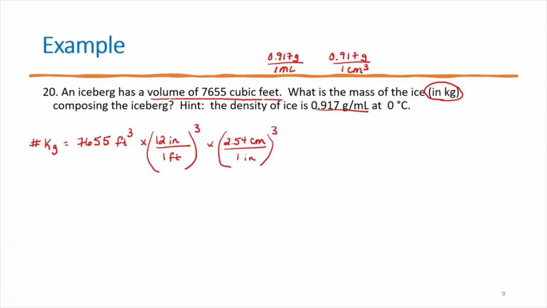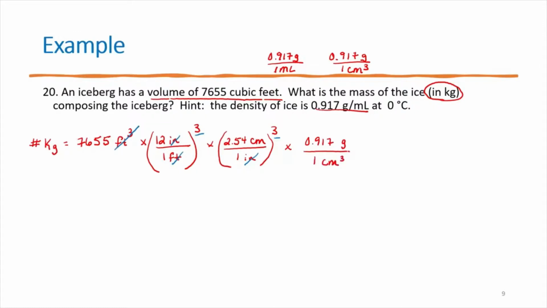If I see that my feet cubed have canceled and my inches cubed have canceled, I am now in centimeters cubed. Now that I'm in centimeters cubed, I can go ahead and use my density. So times 0.917 grams per 1 centimeter cubed.